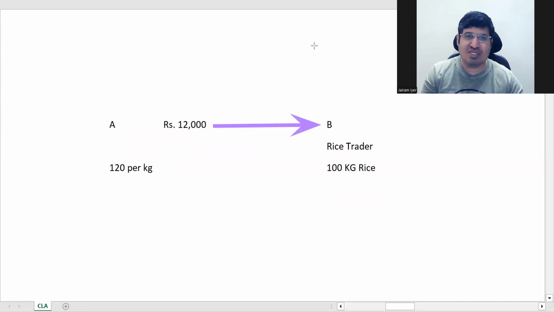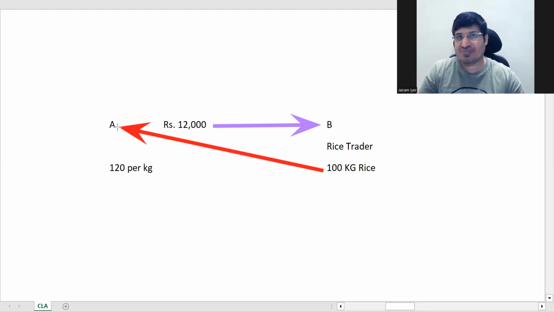You are in a contract, you are giving something, you are taking something. What you are taking or getting in return, that is your consideration. So consideration for B is rupees 12,000, and consideration for A is 100 kg of rice. Consideration is what that person gets in return.